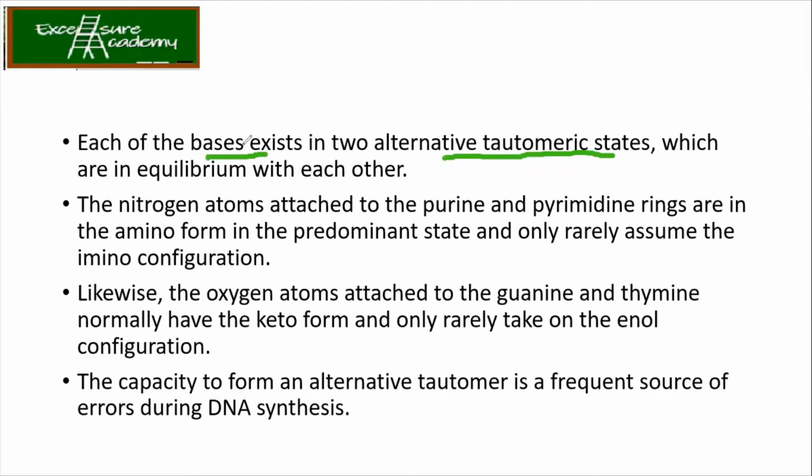The question is why they exist in nature in two forms, even though we use only one form in the formation of DNA. Why do two forms exist, even though only one is preferred over the other? Why in nature are they present in two forms, in equilibrium with each other?